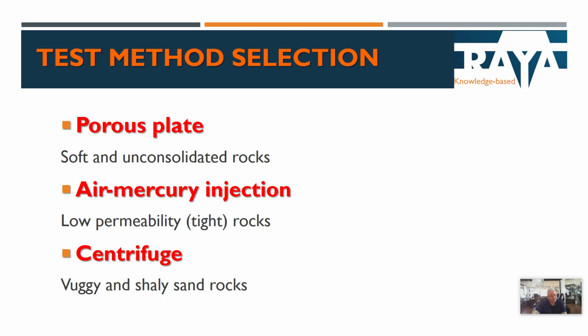Centrifuge is used for rocks that have a vacuum pore system and also shaly sand rocks. The pulse plate and centrifuge give both drainage and imbibition curves, but air mercury injection gives us only the drainage PC curve.